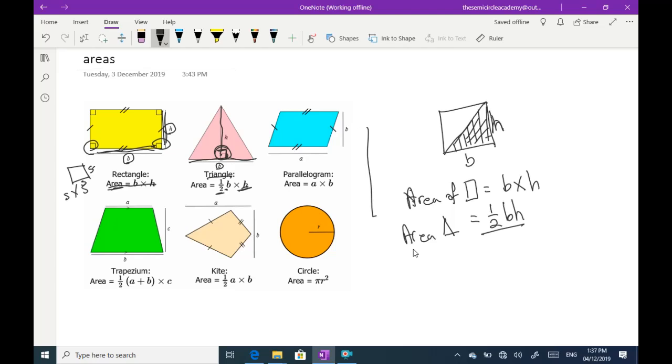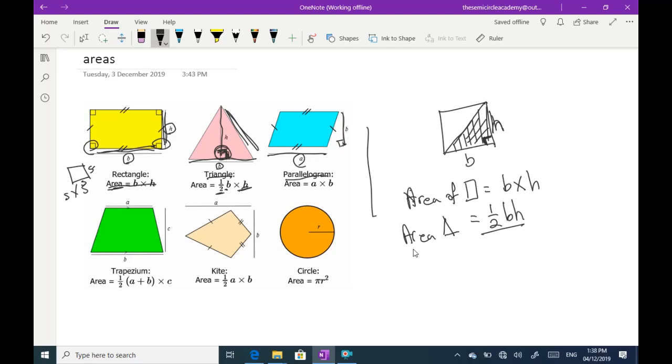And remember, this height depends on that right angle, so it must be the perpendicular height and not the height of this side over here. Usually the perpendicular height is given to you, and you could see here that this perpendicular height business is true for parallelograms as well, where I'll take this A and I'll multiply it by this height here, which is B, which is a perpendicular height.